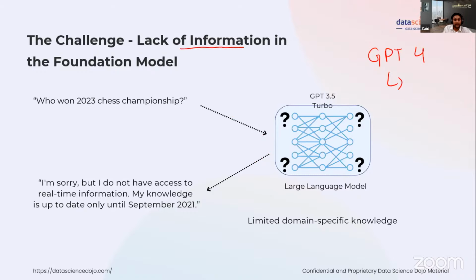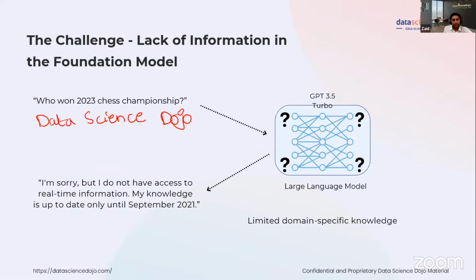So there is a lack of information, and let's take it the other way around. If I ask about the Data Science Dojo Large Language Model Bootcamp, would it be able to answer it? No, because it has not been trained on the recent data set, unless it has the feature to search.